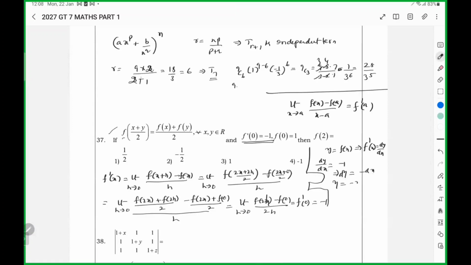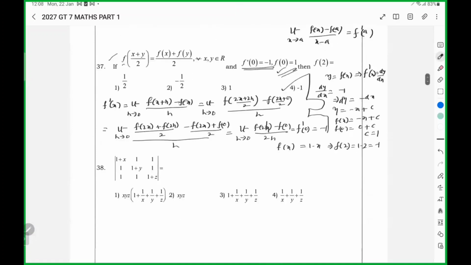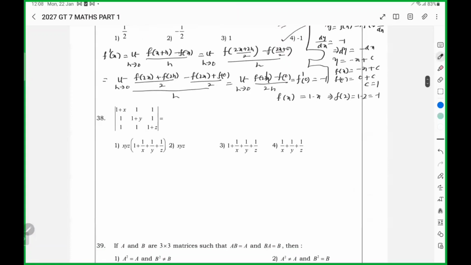If you integrate, we have to write minus x plus c, but he has given f of 0 to find the arbitrary constant. So f of 0 is given as 1, c will be 1. So f of x becomes, f of 2 becomes minus 1, that is the fourth option.